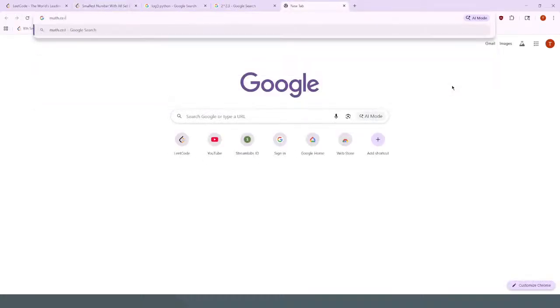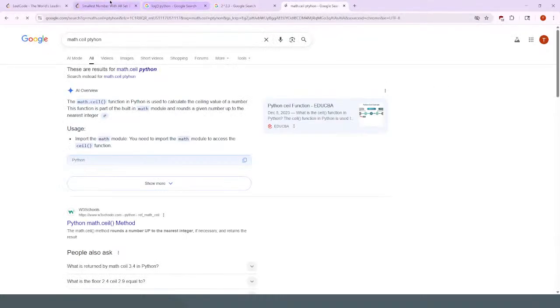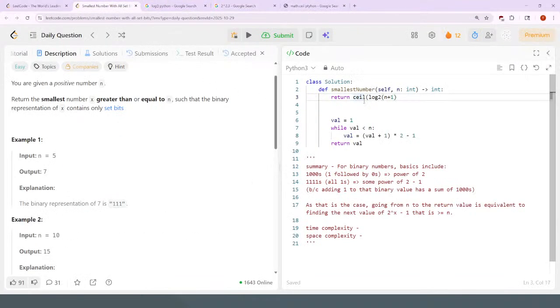Or is it math.ceil? Math.ceil. So maybe I should make this more explicit: math.ceil of math.log base 2 of n plus 1, and then take that as the power of 2, minus 1.